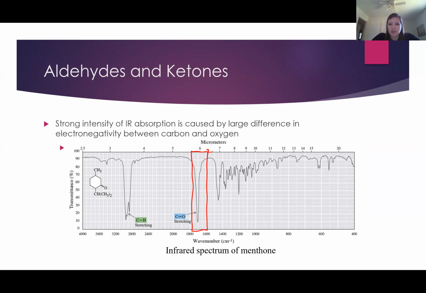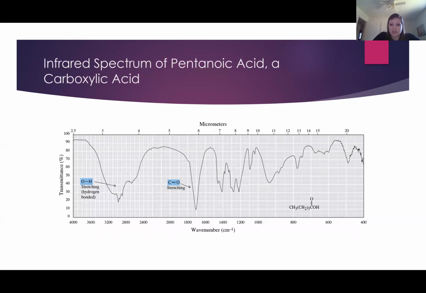That is characteristic that you have a C double bond O in your molecule. Now, where that C double bond O goes, you'll have to figure out with other methods of spectroscopy, but this helps tell you that there is a C double bond O. And again, you see that CH stretching, that CH2, CH3 bending in the appropriate regions.